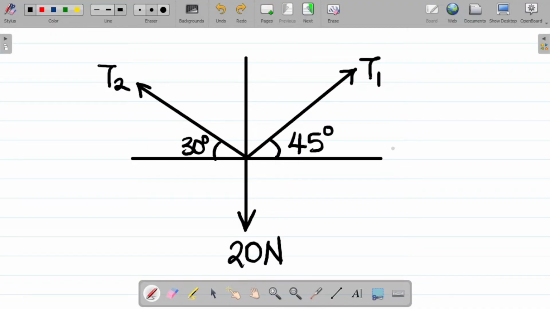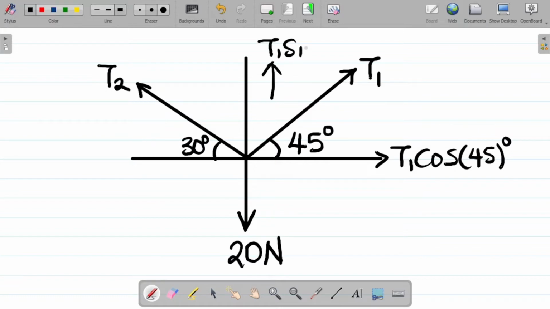That means the horizontal component here is given by T1 cos 45 degrees. That's the horizontal component of T1. The vertical component is the sine, so the vertical component here would simply be T1 sine of the angle, which is 45 degrees. All right, that's for T1.